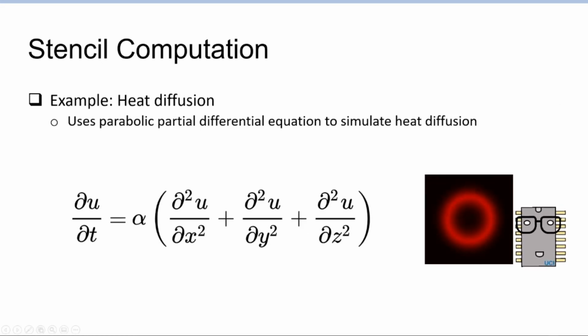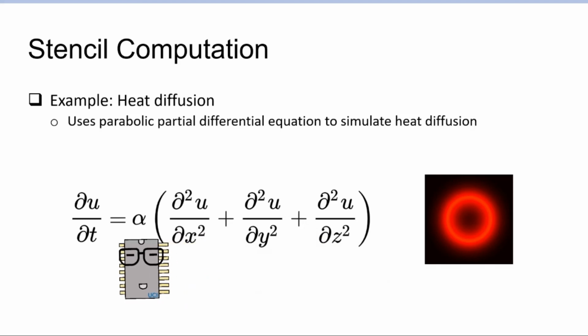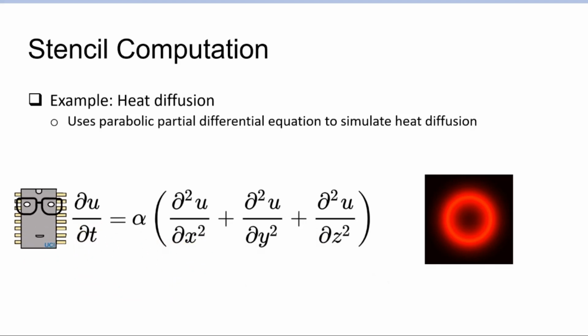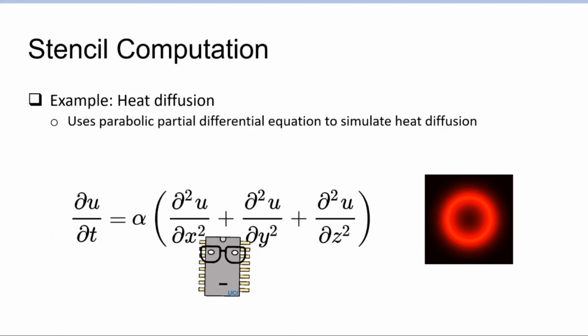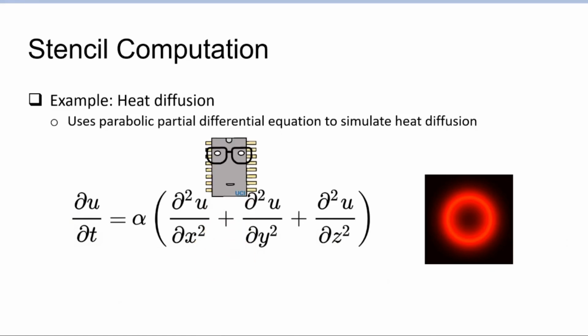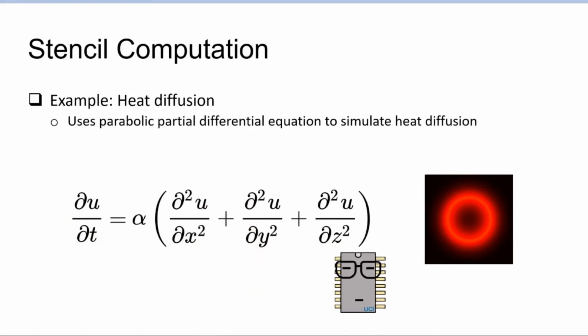This equation itself is absolutely not important. All it says is the temperature of a cell, of a location, is dependent on the temperature of the surrounding cells, X, Y, and Z, described using a bunch of partial differential equations.